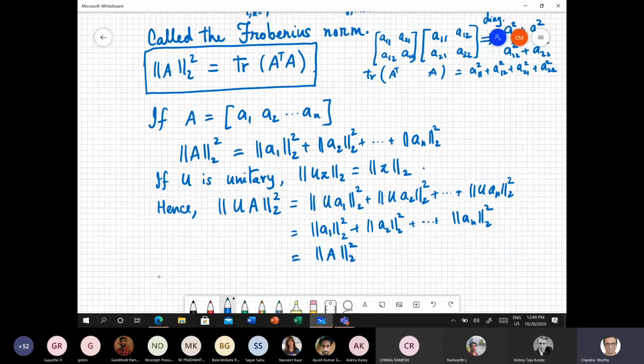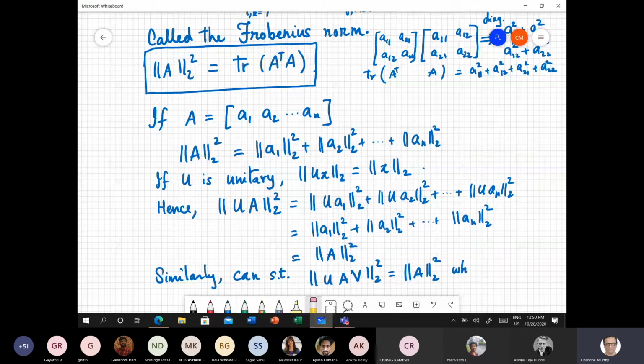You can similarly show that if I take the norm of UAV squared, this is equal to the norm of A squared, if U and V are unitary.